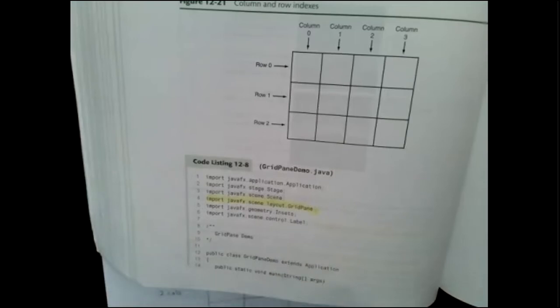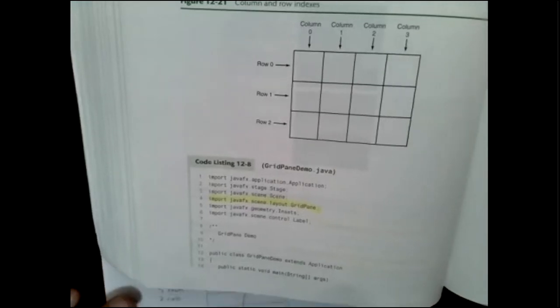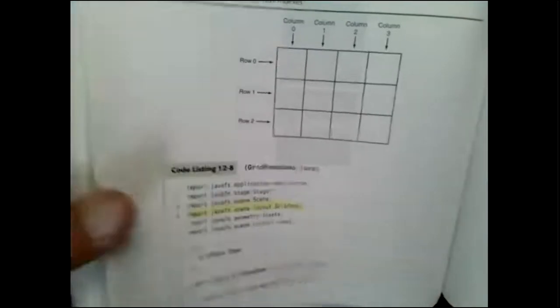The grid pane layout, I need to make a note to self to change the code listing for next time. Okay, so grid layout, as you can see down here in line 4, javafx.scene.layout.GridPane. Okay, so grid pane is going to fill it in, sort of like a matrix.